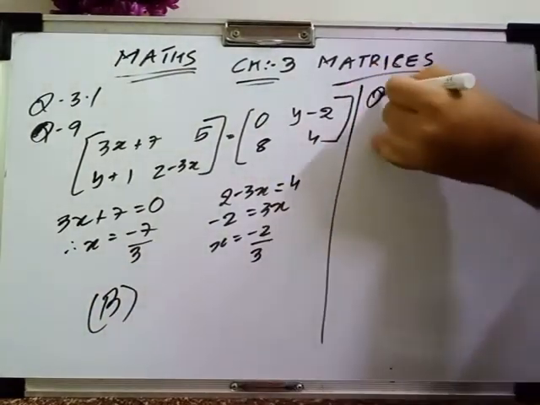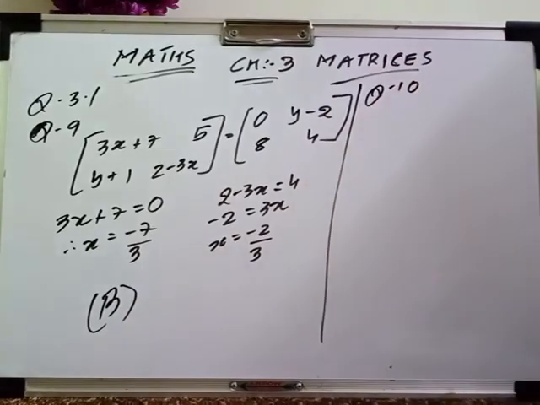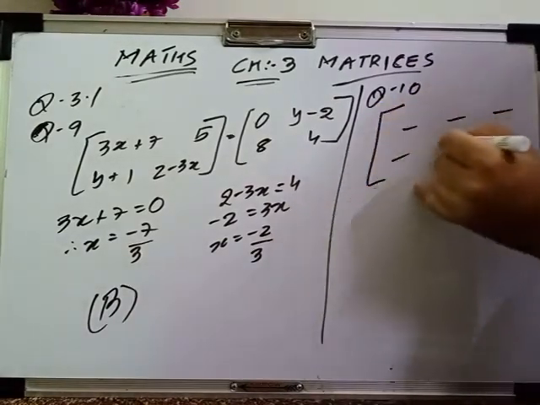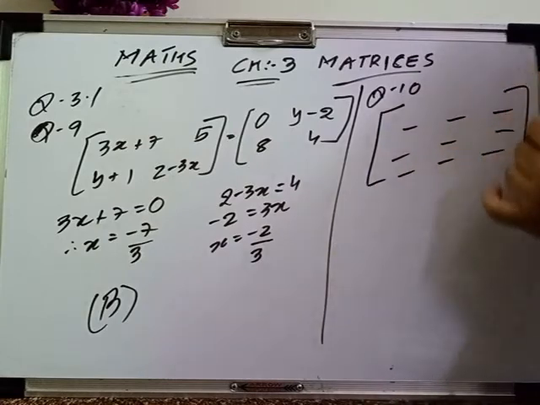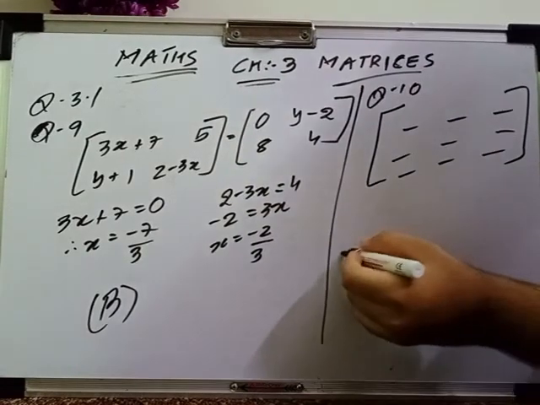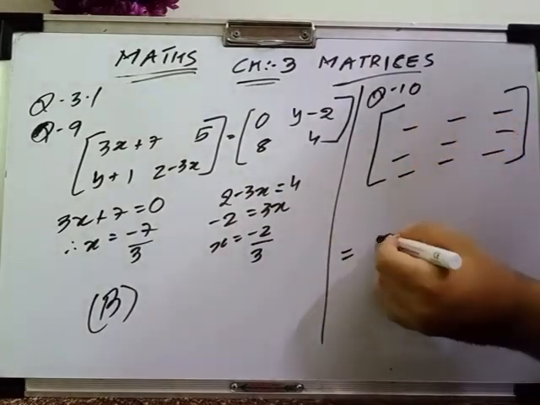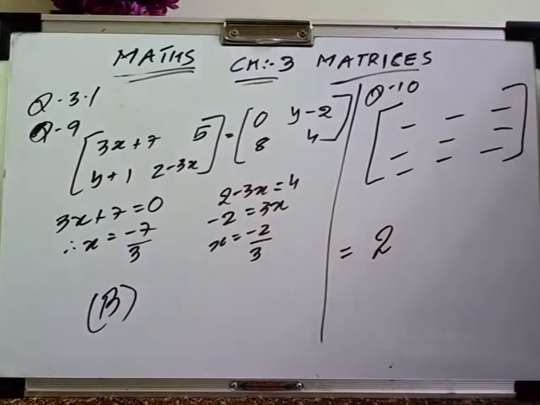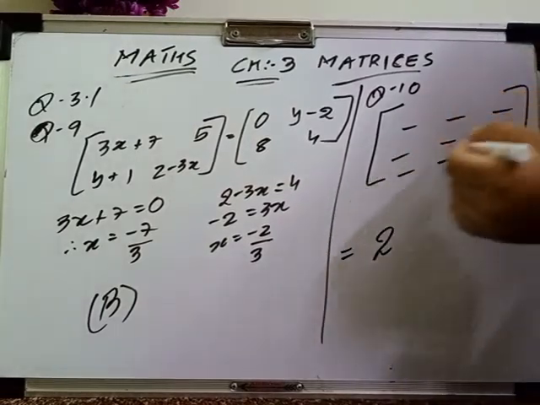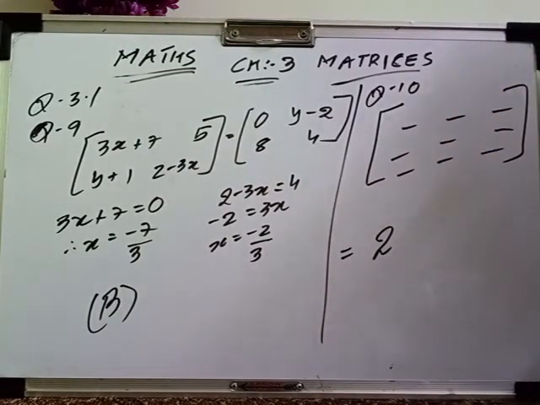Let's try to understand the 10th MCQ, where we are asked to form a 3 cross 3 matrix and the elements or the entries should be only 0 or 1. So you can see that I have just two possibilities, either 0 or 1, and I have 9 possible places for that.